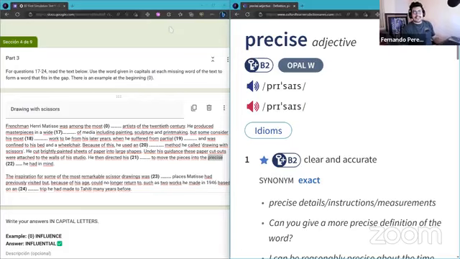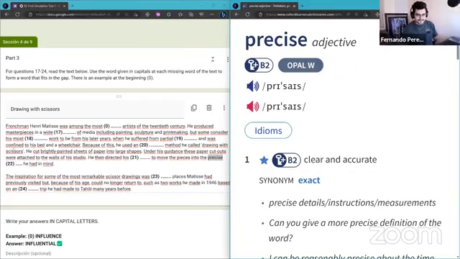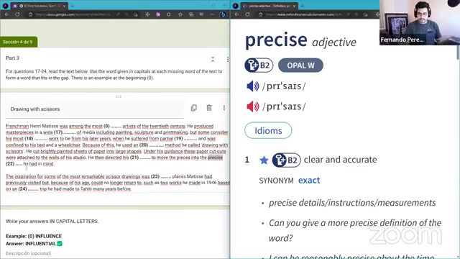So because it's an adjective, you cannot have a verb after it. Okay. The word is not a verb. Another option is a noun too?